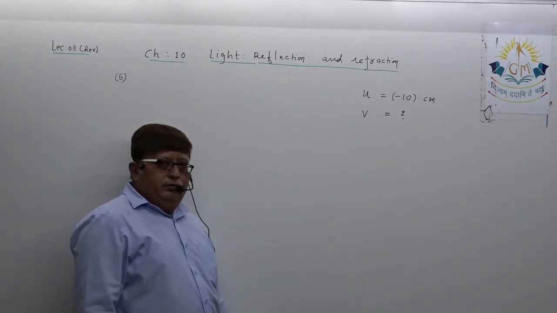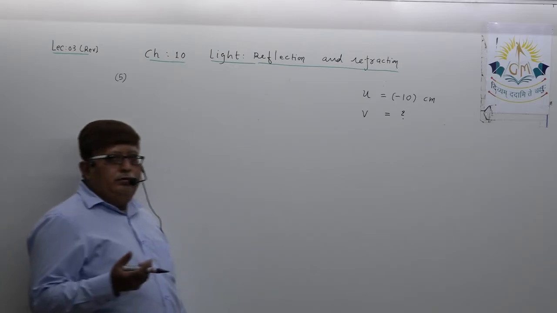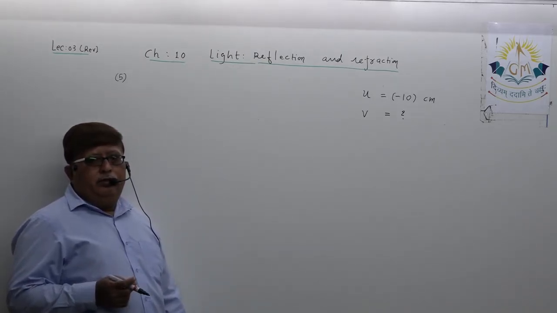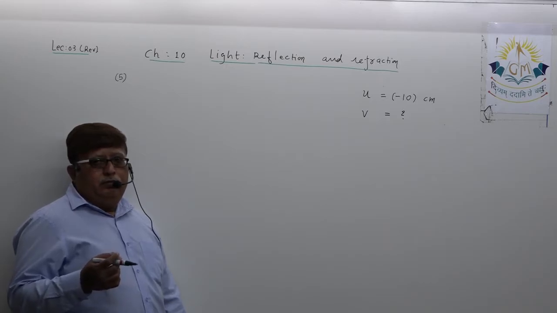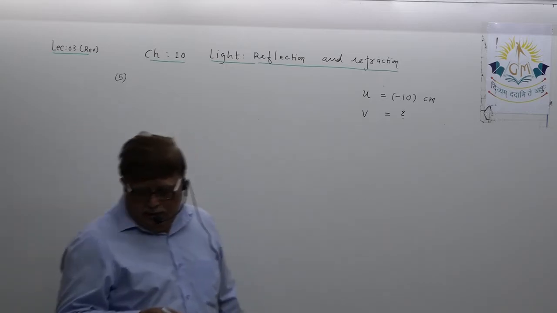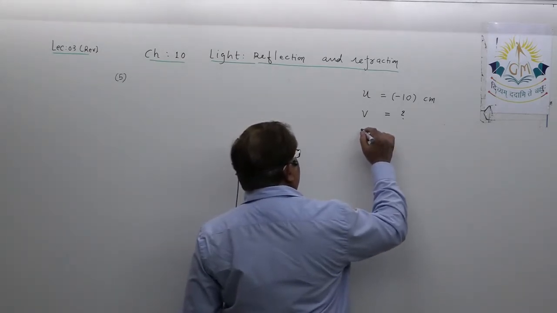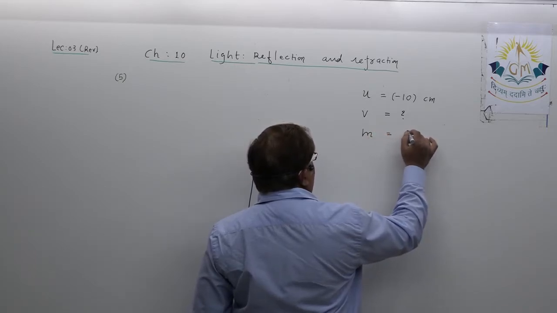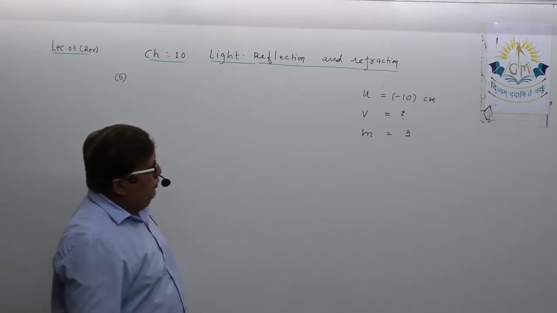But dear student, another data they have given is that the concave mirror is producing a 3 times enlarged image. This simply implies that you are already given the value of magnification.